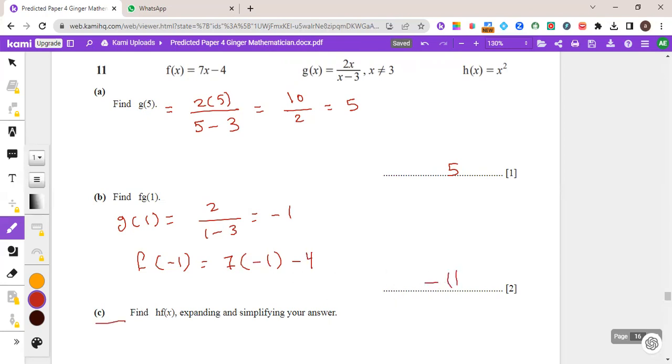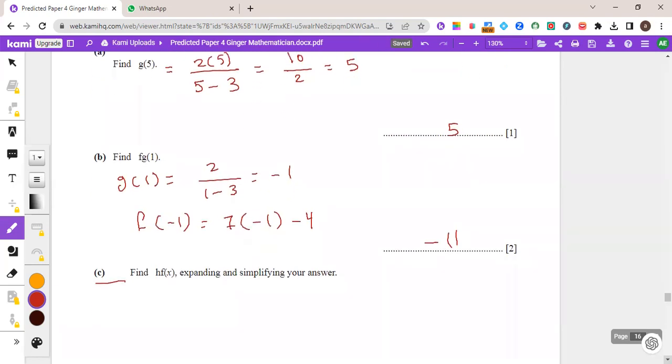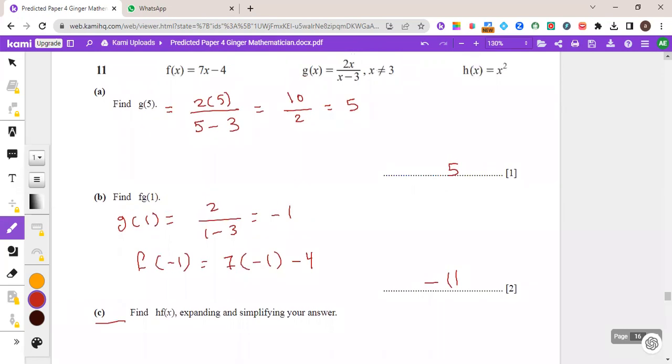C. Find h of f of x, expanding and simplifying your answer. Yes, first of all, I will find f of x, which equals 7x minus 4, and then replace it here. So we need to find h of 7x minus 4, meaning 7x minus 4 squared.